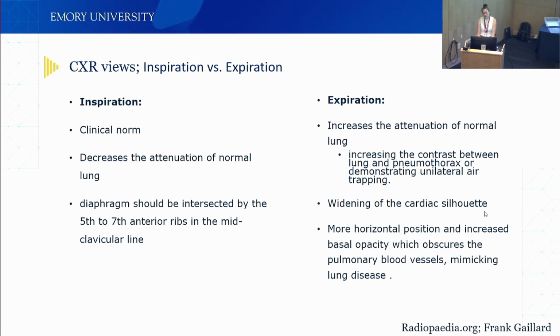You have to take into account that your cardiac silhouette is a little bit wider because of the expiration. So if you look at things like we looked before, is do you have an enlarged heart? If it's an expiration X-ray, there are different reference values. So you can say it's enlarged, but is it because it's an enlarged heart or is it because it's an expiration X-ray? And that's why it's important to note these things.